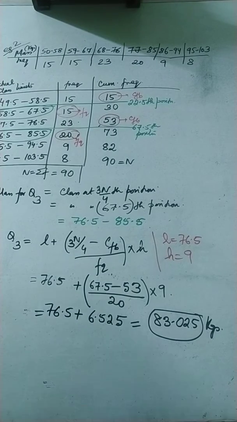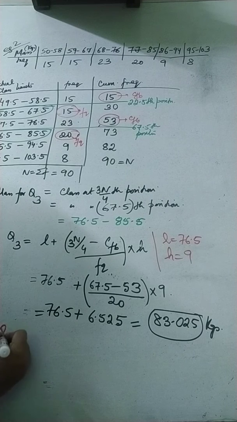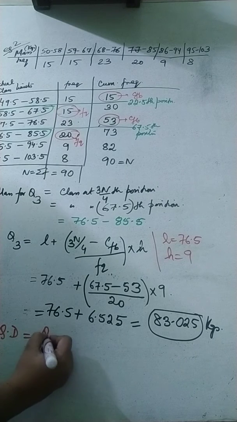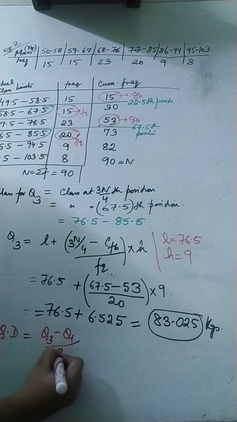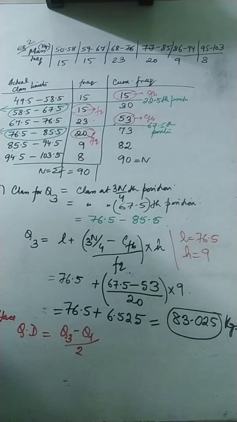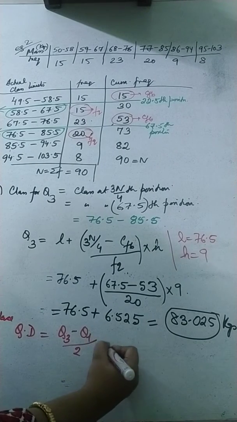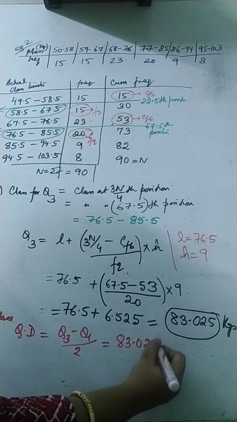Hence calculate QD. What is QD? QD is therefore, I'll write it below. Hence QD is equal to Q3 minus Q1 divided by 2. Okay. So Q3 minus Q1 divided by 2. Q3 is right in front of me, 83.025.